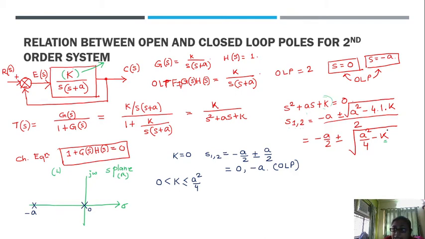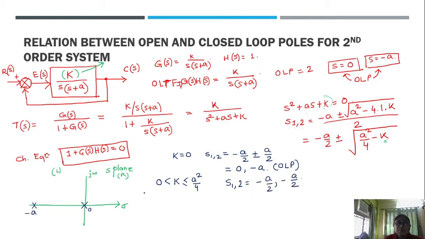If it is a square by 4, this part will be 0, so the poles will be minus a by 2 and minus a by 2.